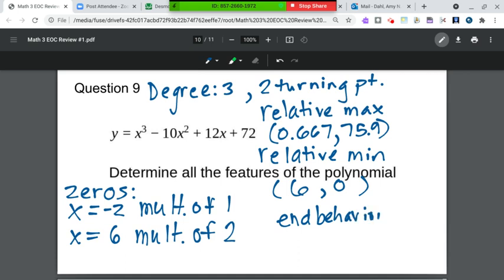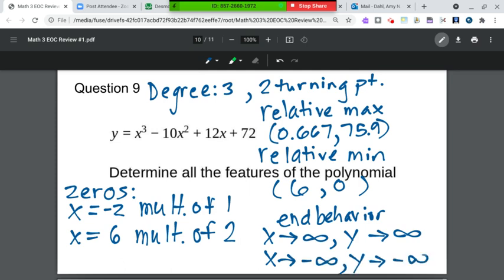Let's talk about end behavior. As x approaches positive infinity, so does y. Y is going up on the right. As x approaches negative infinity, y is going towards negative infinity. And the last thing that we want to look at are the intervals. Where is it increasing? Where is it decreasing? It's increasing from negative infinity to 0.667.